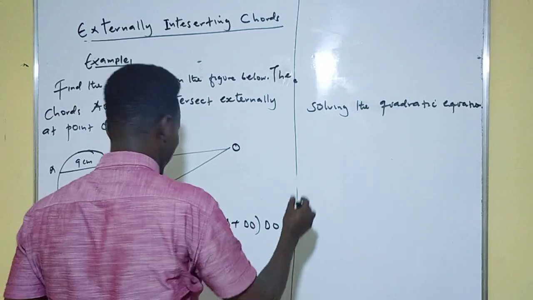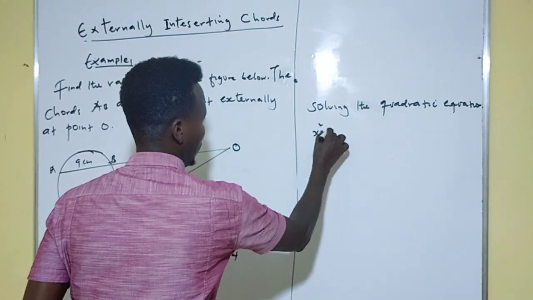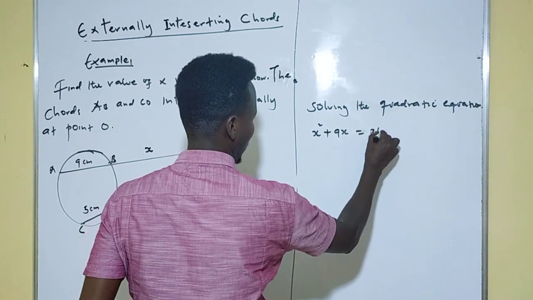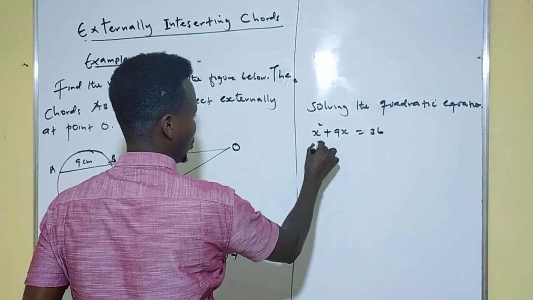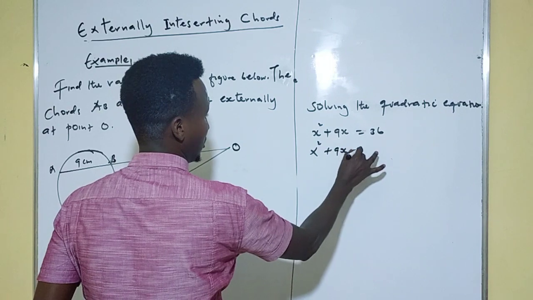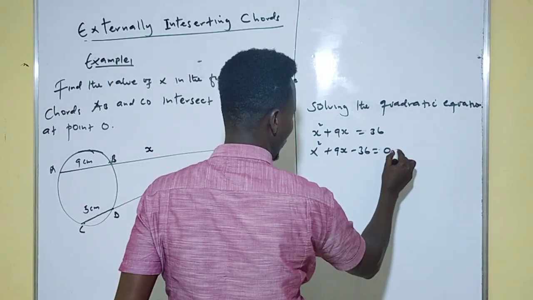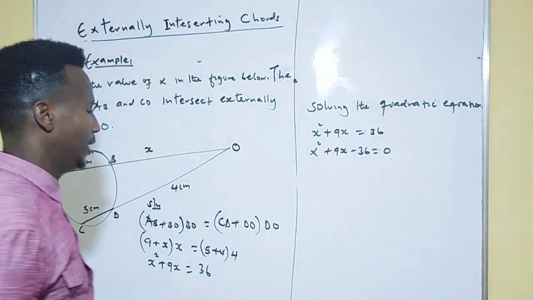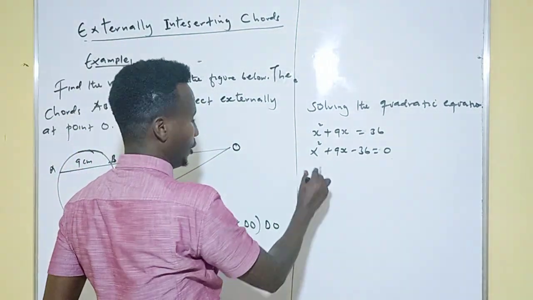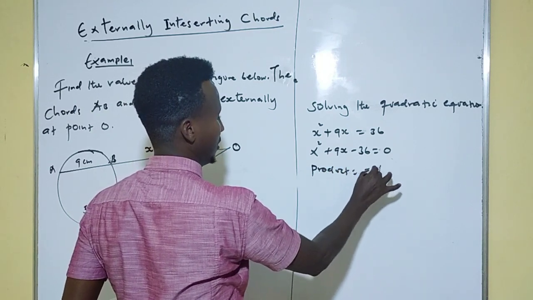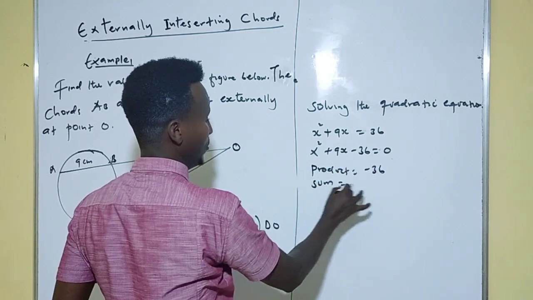We have x squared plus 9x is equal to 36. You transfer this to this side: x squared plus 9x minus 36 is equal to 0. If you have a problem with quadratics, please go to our YouTube channel to help you. Now I will use the sum and product method. We have product, our product is negative 36. Then sum is positive 9.